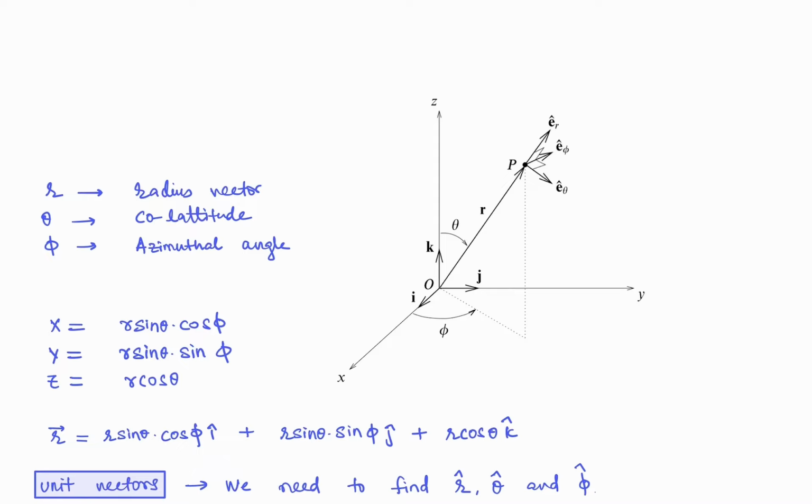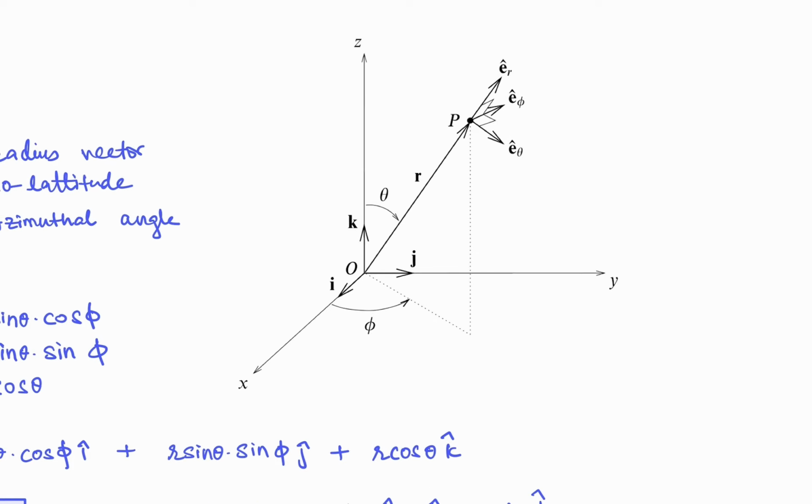This is how the Cartesian x, y, and z are related to the spherical polar r, theta, and psi. A point P is connected to the origin O by vector r, and psi is the angle of the projection of r on the x-y plane.